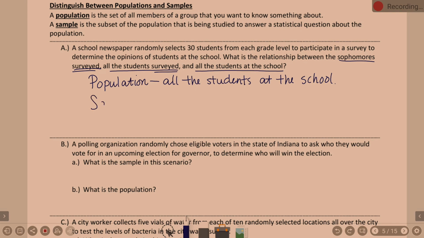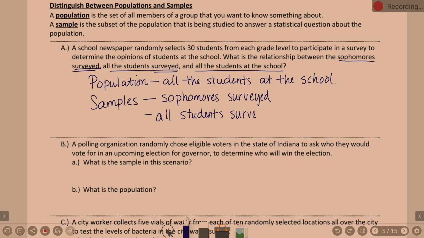So population is all the students at the school. Samples could be the sophomore survey, and in general, all students surveyed. So, a little bit of vocabulary there: population and samples.